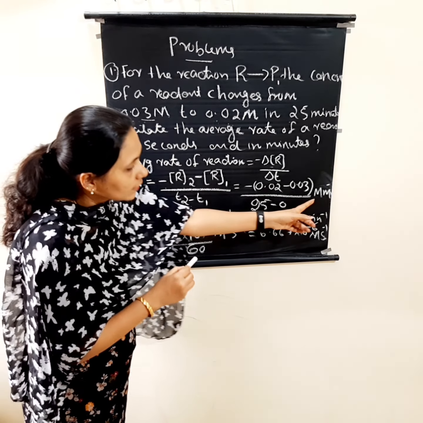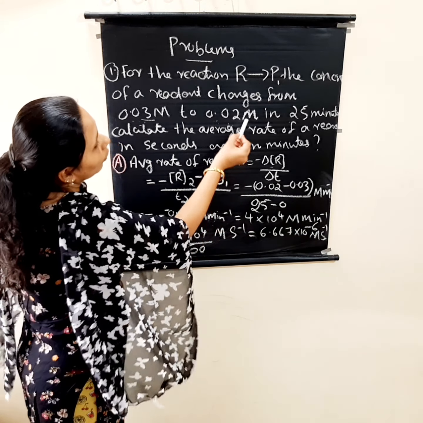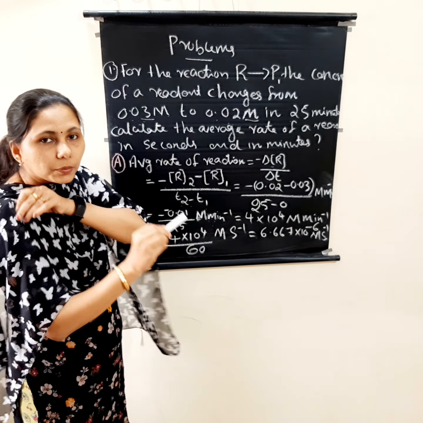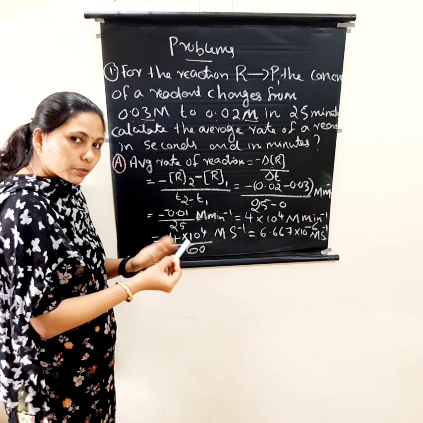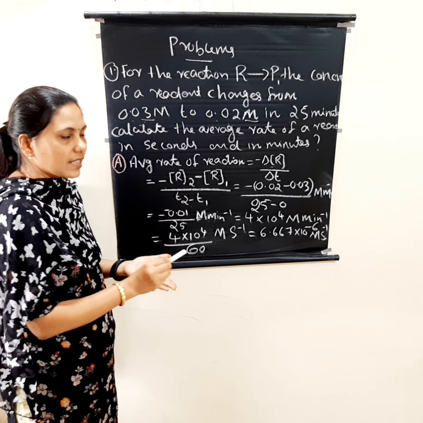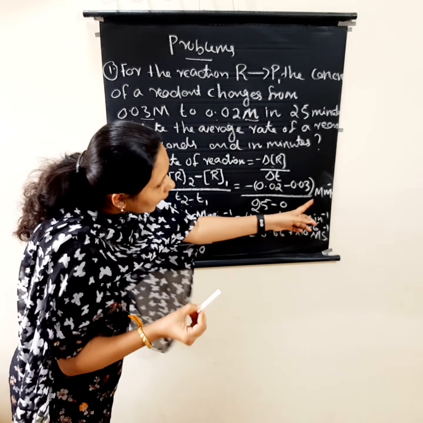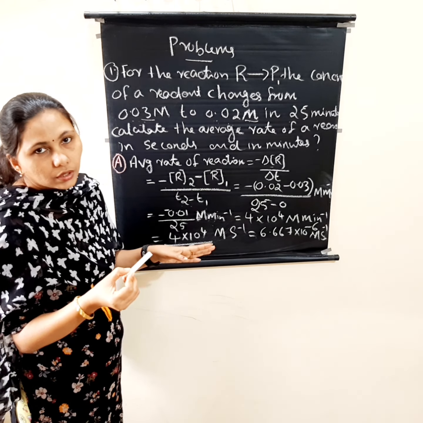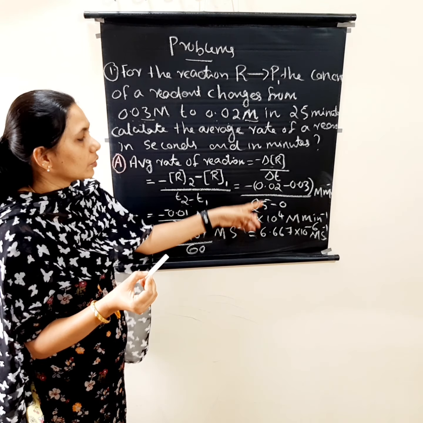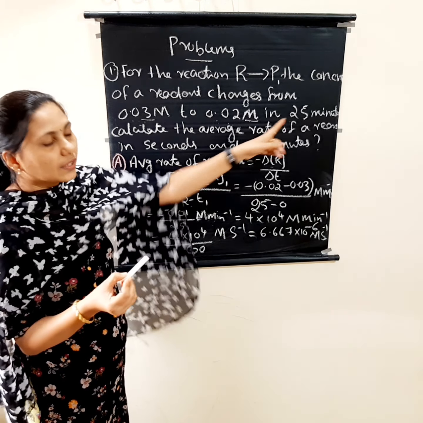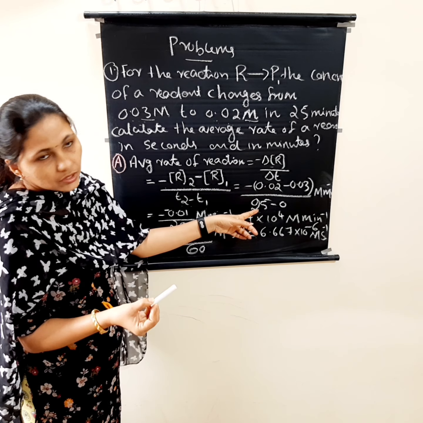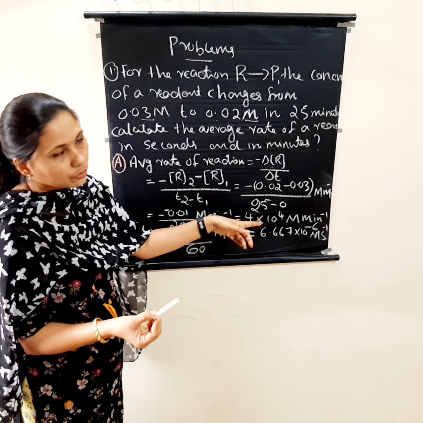Okay, the unit: it is given in molar, moles per liter, which is equal to molarity. So it is molarity M per minute, because 25 minutes is given. First we calculate in minutes, then if they give seconds we also have to calculate that.